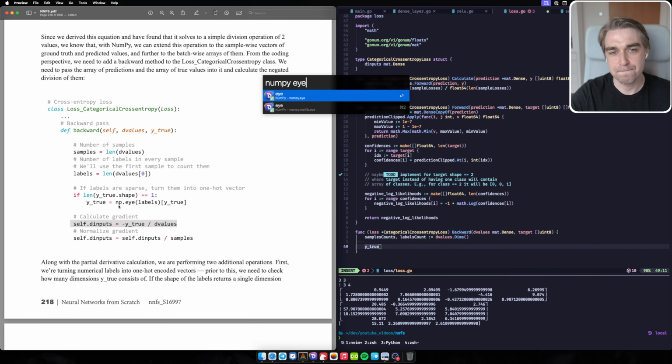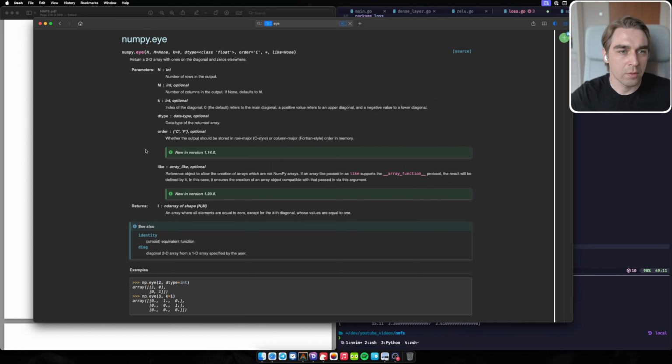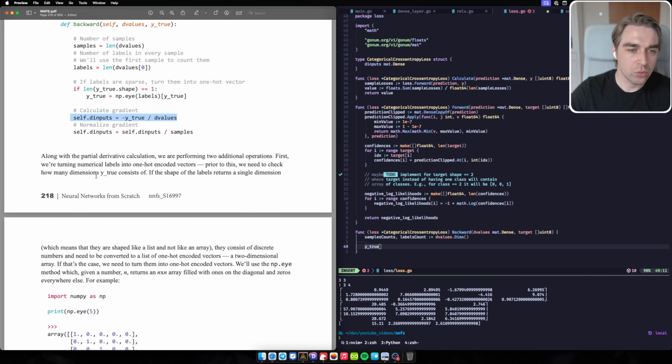I. Return a two-dimensional array with ones on the diagonal and zeros elsewhere. On the partial derivative calculation, we perform two additional steps. First, we are turning numerical labels into one-hot encoded vectors. Prior to this, we need to check how many dimensions y-true consists of.